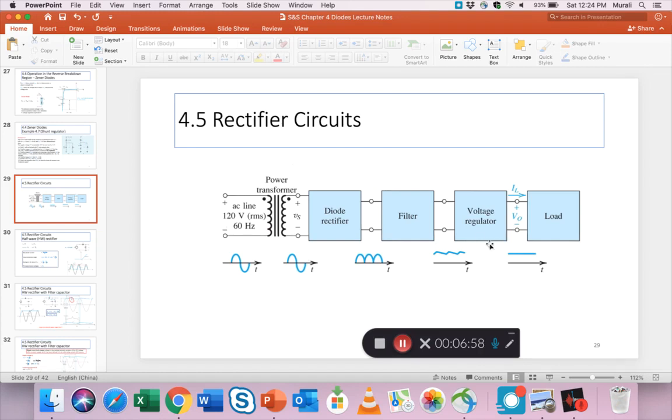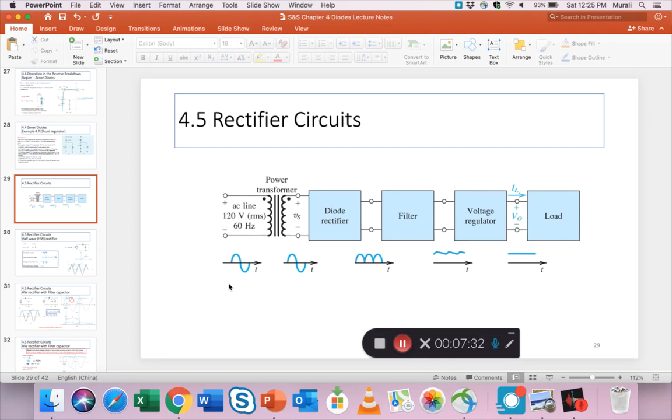Okay, and you can see from these nice waveforms in blue in the picture what the shape of the output of each one of these blocks is. So even out of the filter, you have that rippling DC. Then you enter the voltage regulator section, where you actually get a very solid straight line with almost no ripple at all.